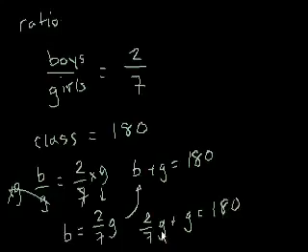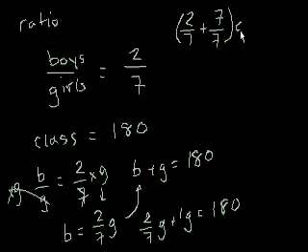And what's 2/7 g plus 1g, or 7 over 7 g? Well, you could do the fraction, but it's 2/7 plus 7/7, right? Because that's just 1. g is equal to 180. And I'm jumping around on the chalkboard on purpose to intentionally confuse you.